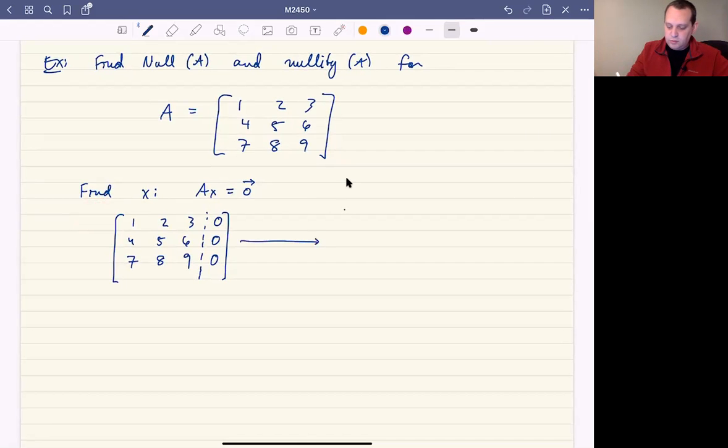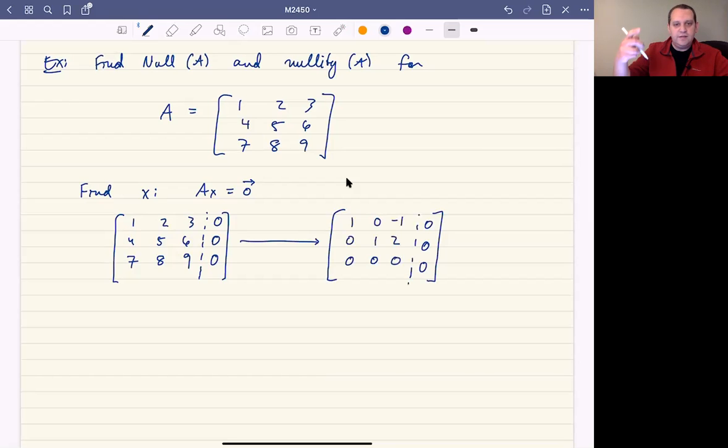It turns out that when we put this in reduced row echelon form, you're going to end up with 1, 0, negative 1, 0, 1, 2, 0, 0, 0. And then you're still going to have the zeros in the right column, because you're always going to have zeros in the right column. Any multiple of one row plus another is still going to be 0.